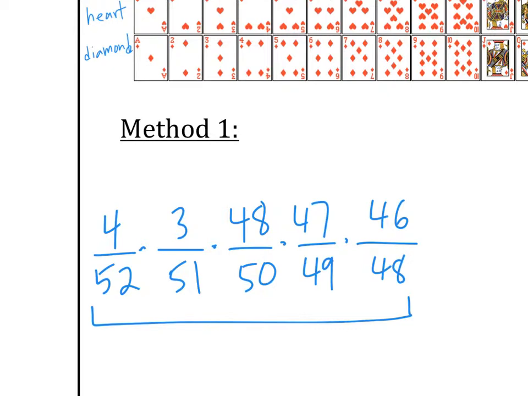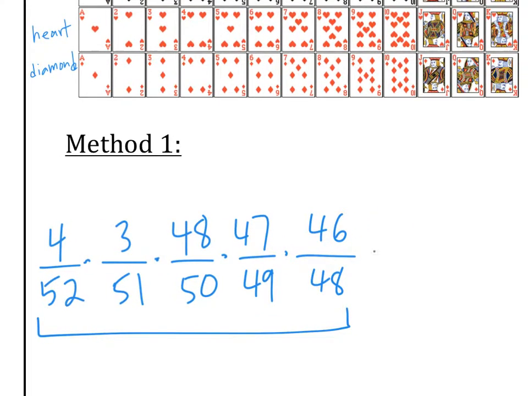Is that combination or permutation? Combination. How many ways can I choose 2 cards out of 5 cards? So, therefore, I need to multiply by how many ways can 2 sevens come out of 5 cards.